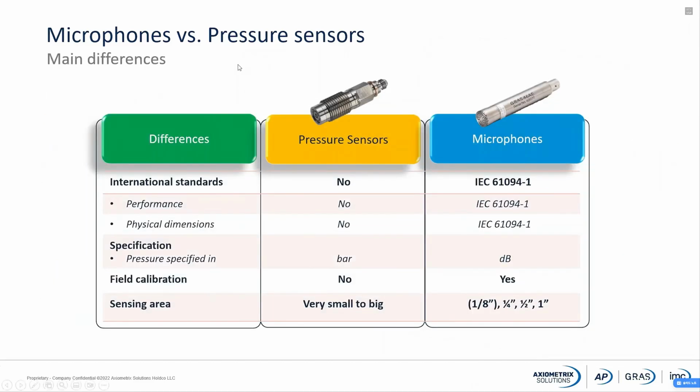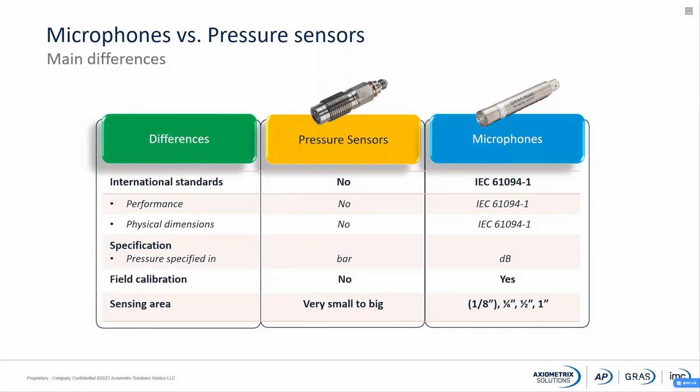Of course there are many differences between the sensors, but I've been trying to do a very overall comparison. If we take some of them here, you can see that for the pressure sensor, there is not really any international standard for how the form factor should be, how the performance should be, because there are so many different types of pressure sensors.